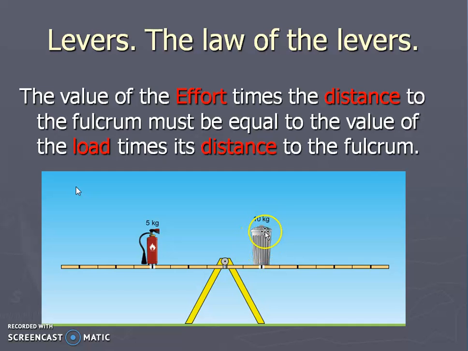So the value of the effort in this case, 10 kilograms, times the distance to the fulcrum, in this case 2 units, 10 times 2 is 20, has to be equal to the value of the load, in this case 5, times the distance to the fulcrum, 1, 2, 3, 4. So 4 times 5 is 20. It is the same as 10 times 2, that it is also 20. So this one is in equilibrium.